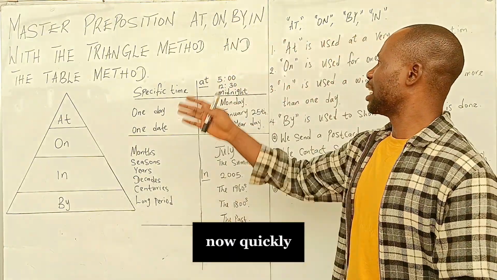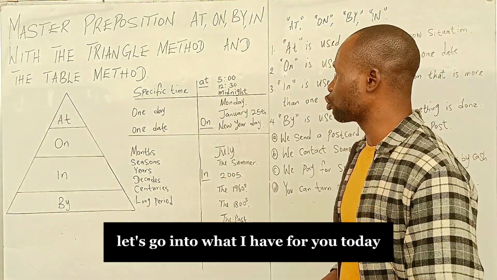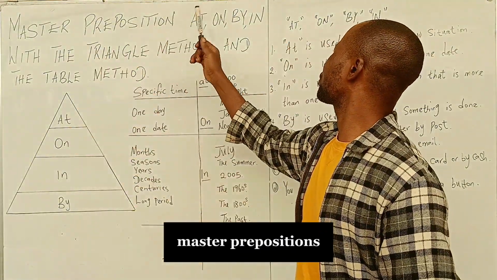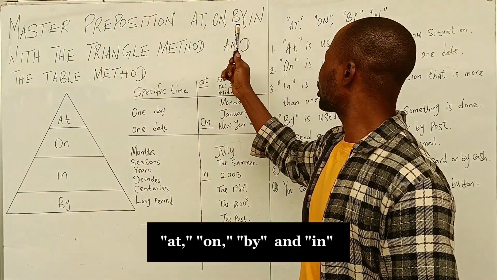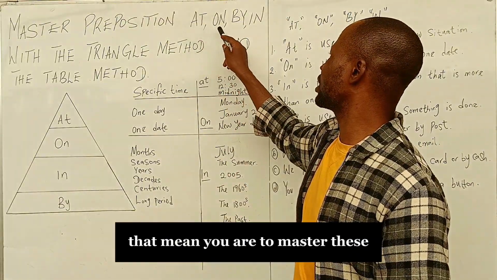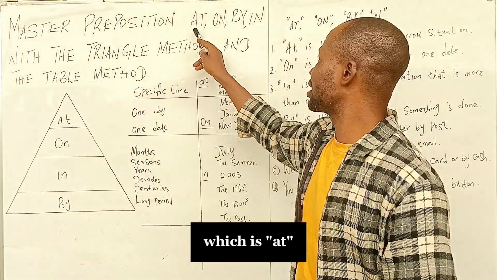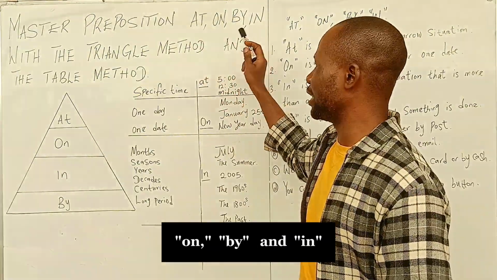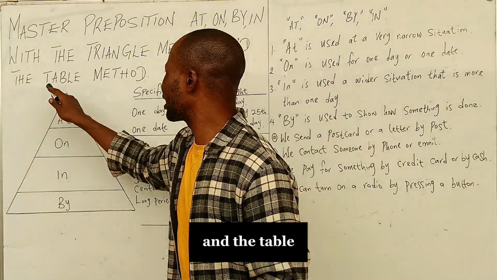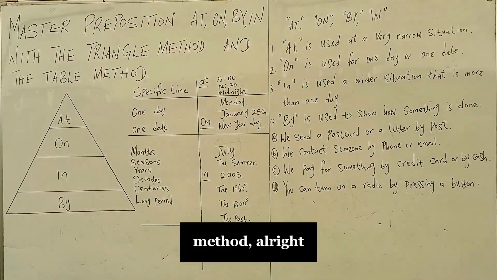Now, quickly, let's go into what I have for you today. What I have says, master prepositions at, on, by, and in. That means we are to master these four prepositions, which are at, on, by, and in, with the triangle method and the table method.